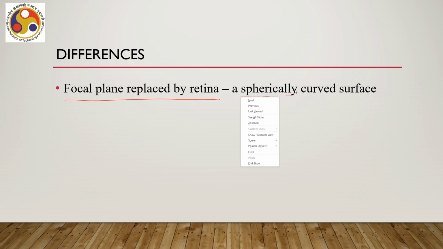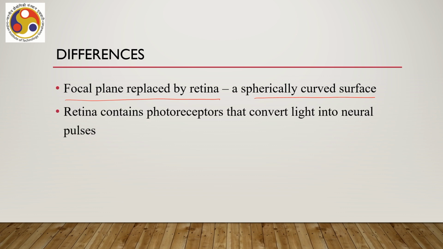That is a spherically curved surface. Now, the retina contains photoreceptors that convert light into neural pulses. A similar thing is not there in an engineered lens.